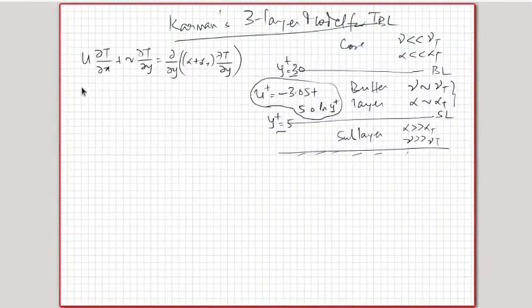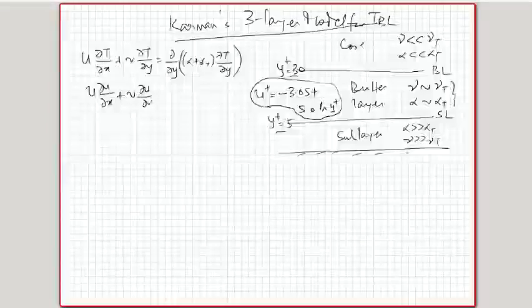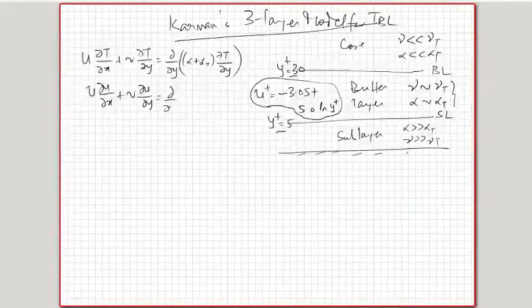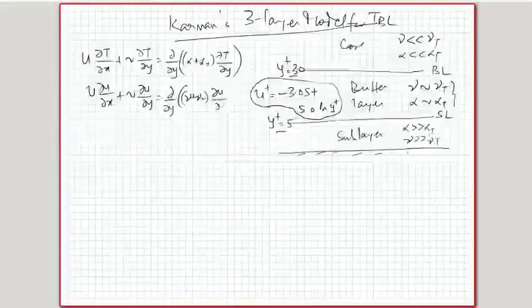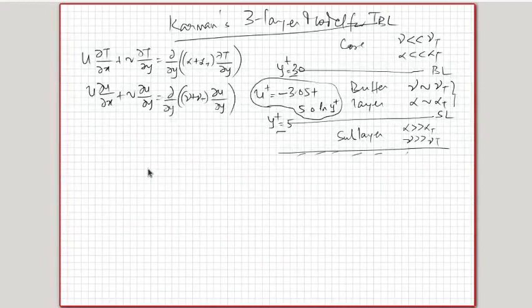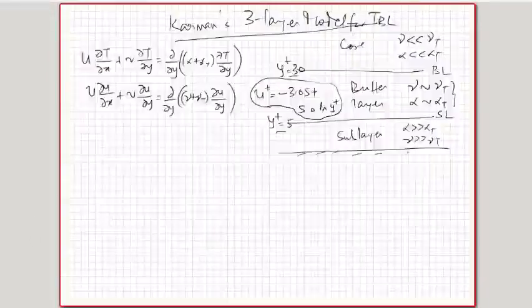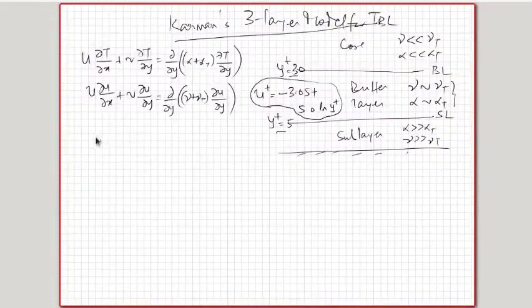And u del u by del x plus v del u by del y is equal to del by del y of nu plus nu t into del u by del y. So if you have these two as the equations, we say that both in the buffer layer and in the sublayer, u, v are negligible.